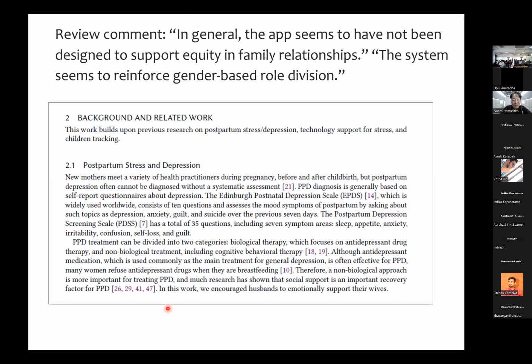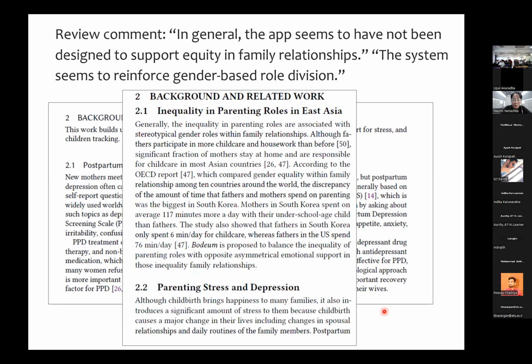So after this paper got rejected, we rewrote the background. Basically, we added another section talking about the inequality in parenting roles in East Asia.